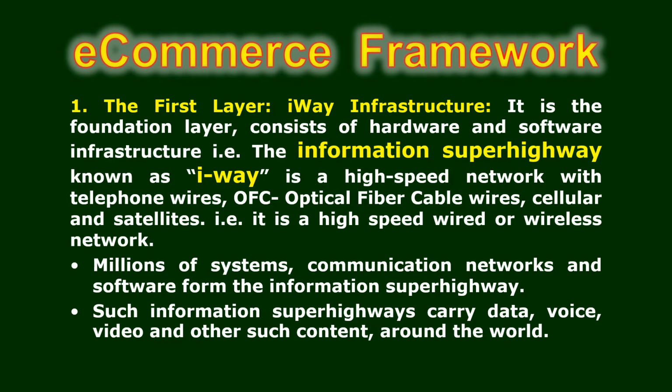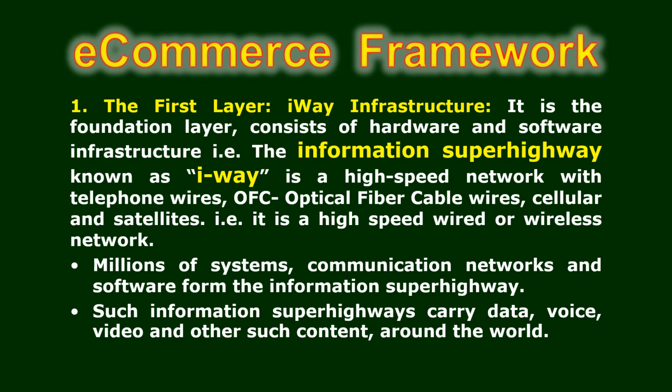So the first layer, known as highway infrastructure, it is the foundation layer. Very first layer consists of hardware and software infrastructure. The information superhighway, in simple known as highway, is a high-speed network with telephone cables, optical fiber cables, cellular connections and satellite connections.